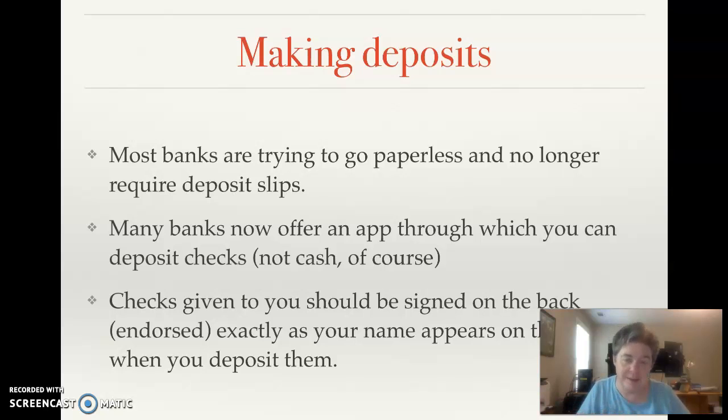Of course, you can't deposit cash that way. That would be a wonderful thing to do, because then you could go spend the cash too. But you can deposit checks that way. And when you deposit a check, you do have to endorse the back side of the check, signing your name just as it's written on the front of the check.